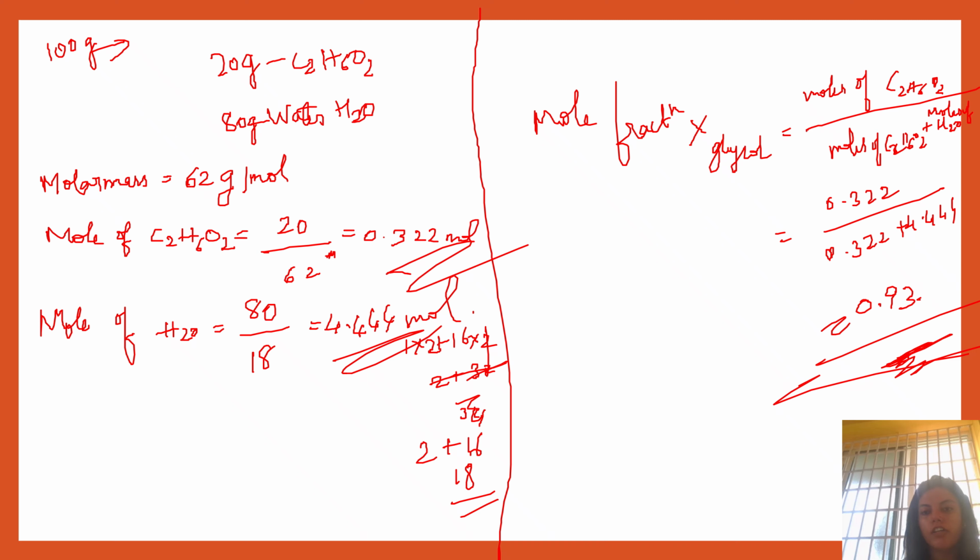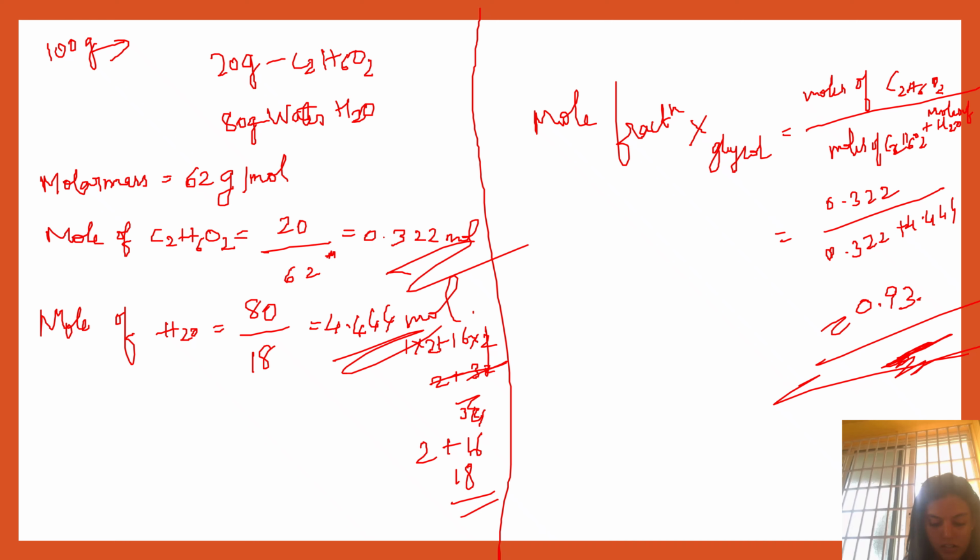Similarly, you should find the mole fraction of water. How will you find it? The moles of water is 4.444, divided by moles of water plus moles of ethylene glycol.